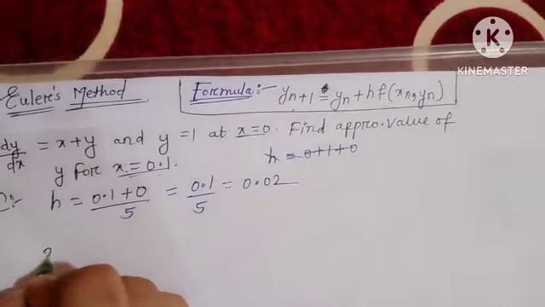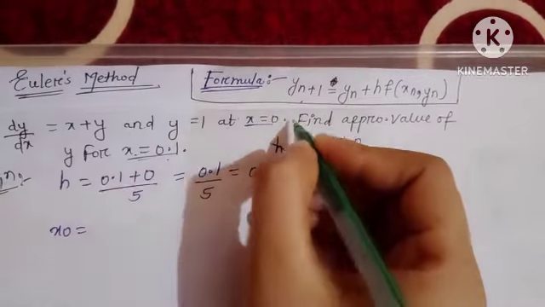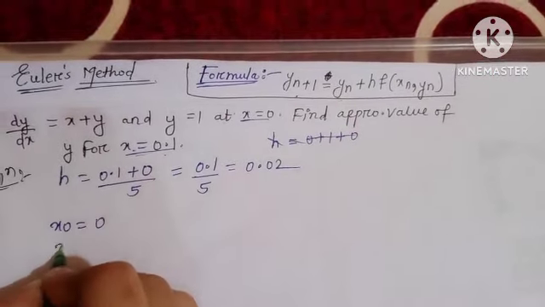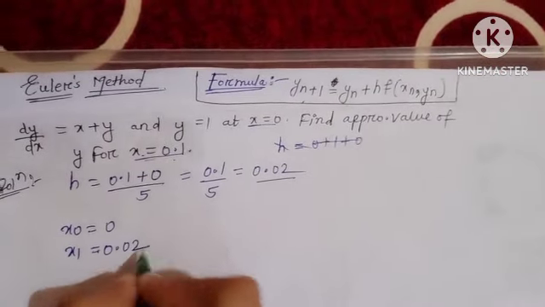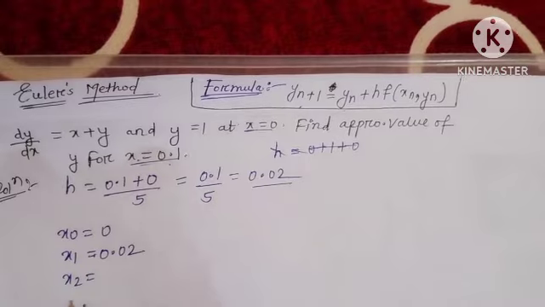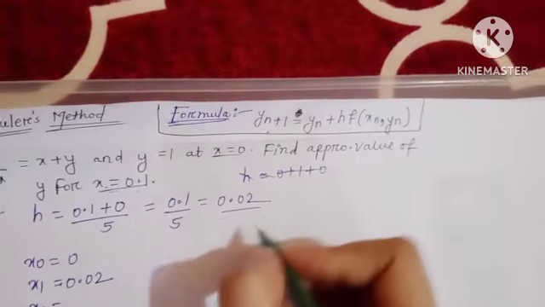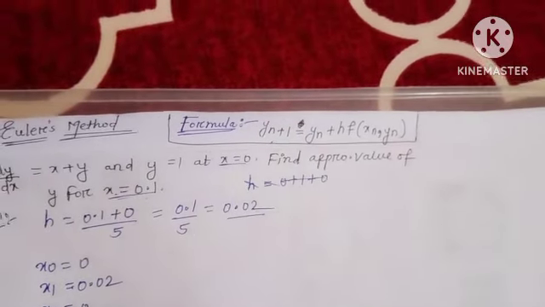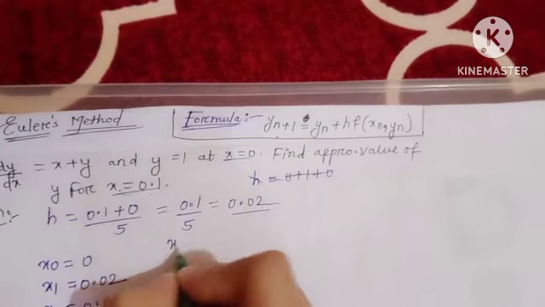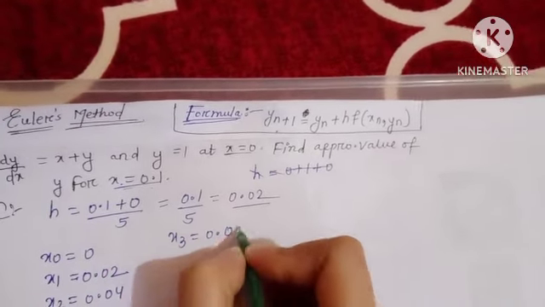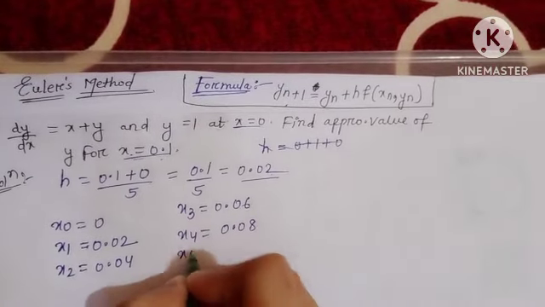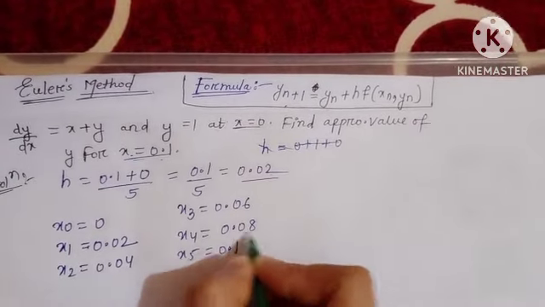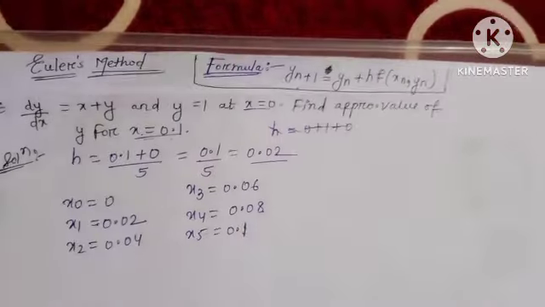In the question x0 is given, x0 is 0. x1 is this value 0.02. Now how to find x2? x2 will be 0.04, x3 will be 0.06, x4 will be 0.08, and x5 will be 0.10, which means 0.1.